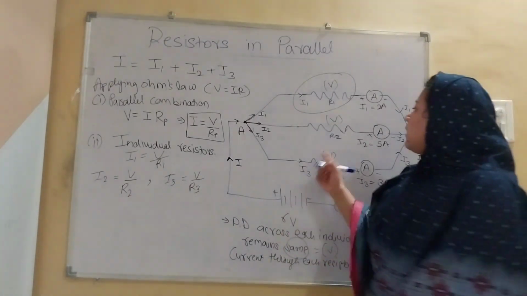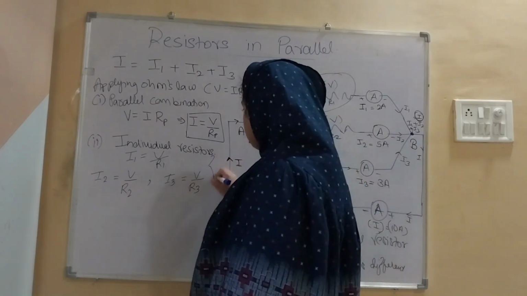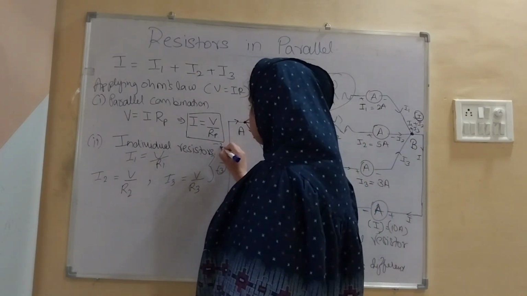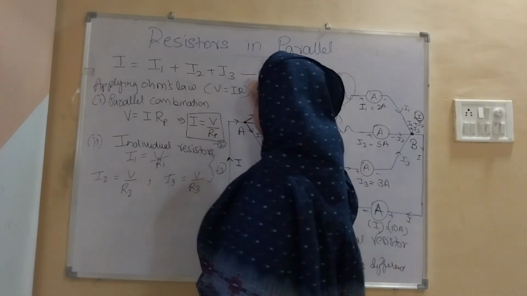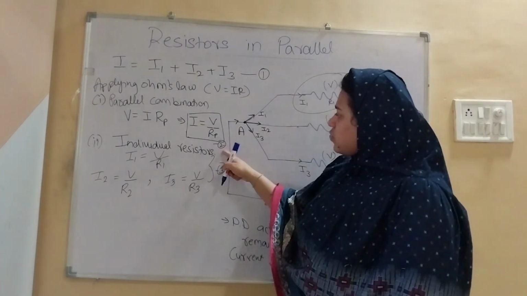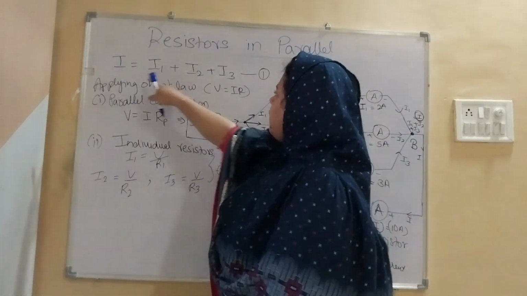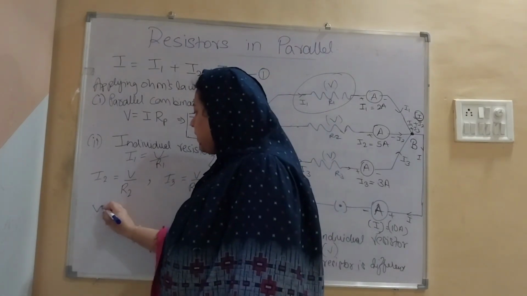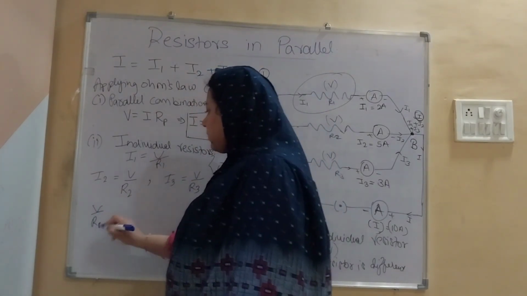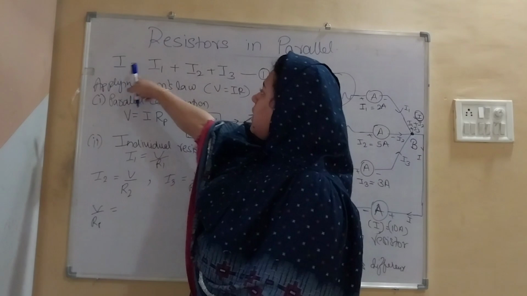Okay, now say this is equation 3, this is equation 2 and say this one is equation 1. Substituting 2 and 3 in equation 1. What is the value for I? V upon Rp. I की जगह क्या पुट कर दिया?